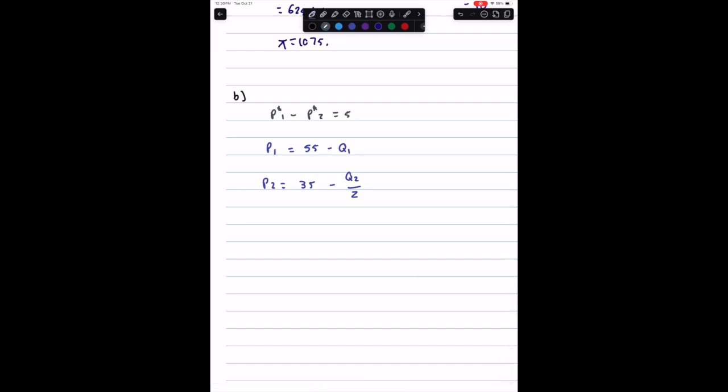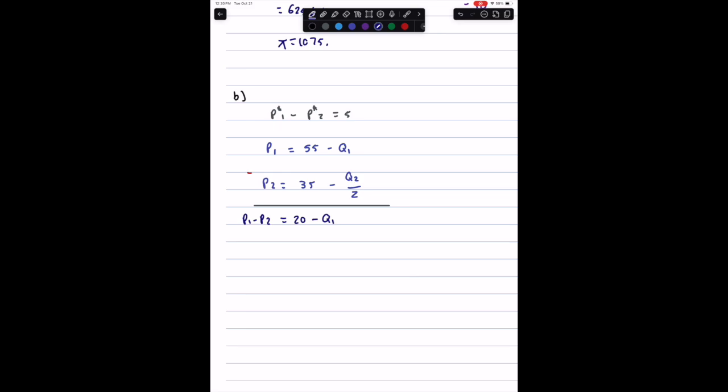Now, once we write out the two equations like this, I can see, wait, if we subtract P1 on the top by P2, that's going to give us P1 minus P2, right? So we're going to subtract, right? We're going to get P1 minus P2, which is equal to 55 minus 35, which is equal to 20.